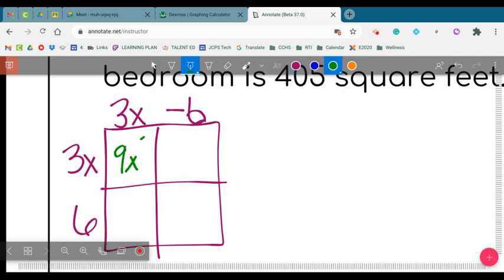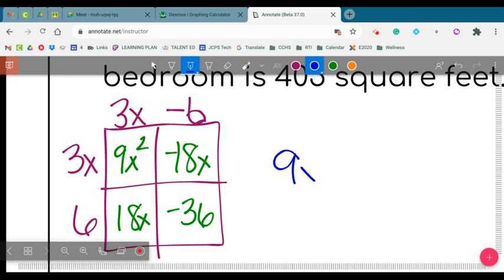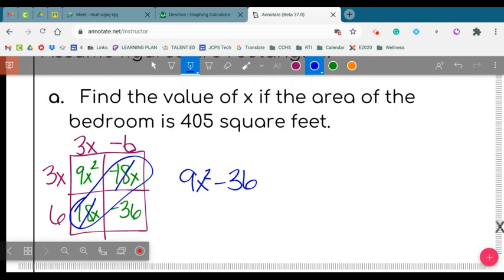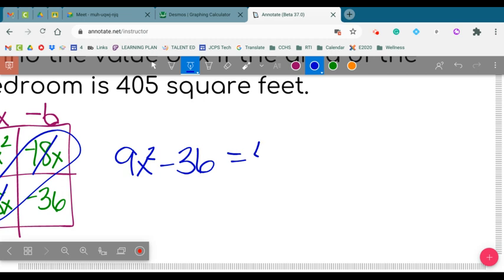You get 9x squared, negative 18x, positive 18x, and negative 36. You get 9x squared, the 18x and negative 18x cancel, and then minus 36. And it says that this equals 405, so I'm going to set it equal to 405.